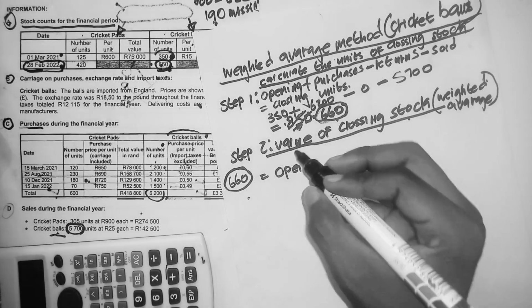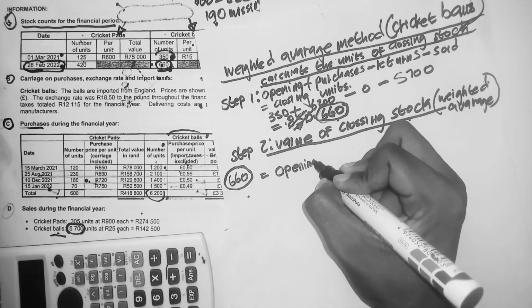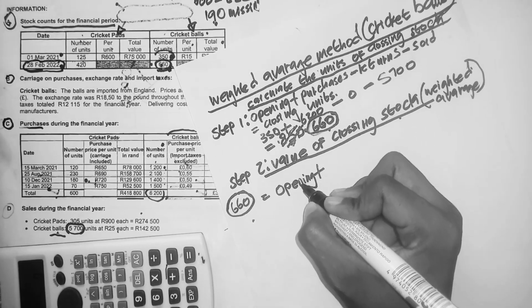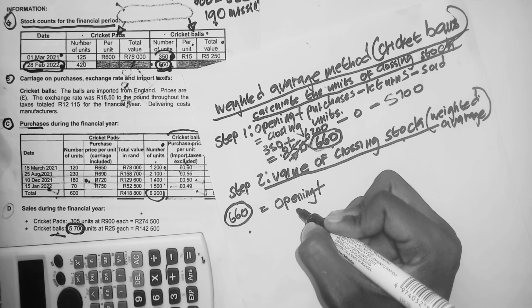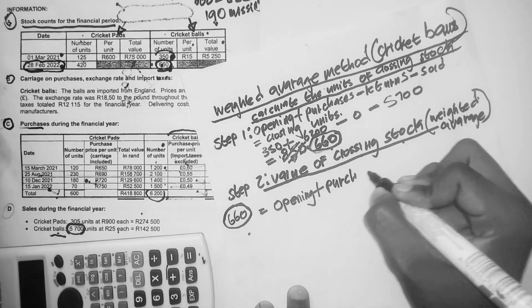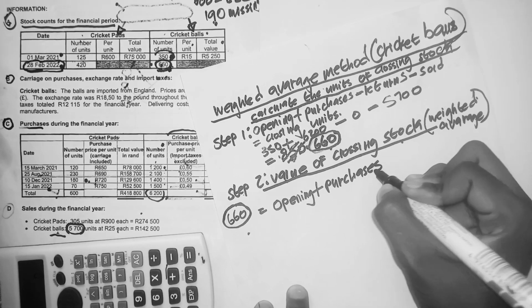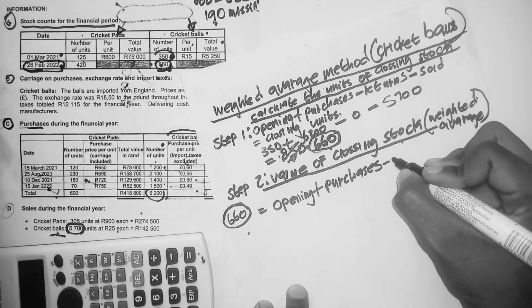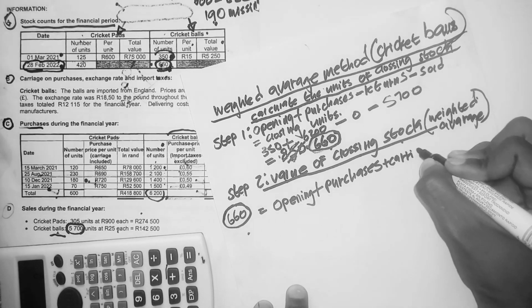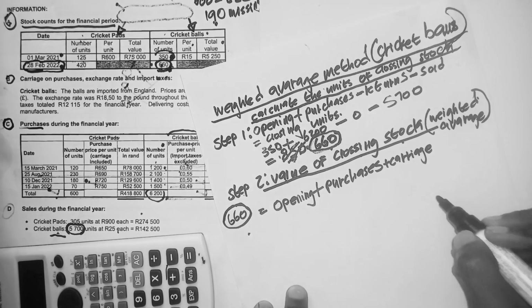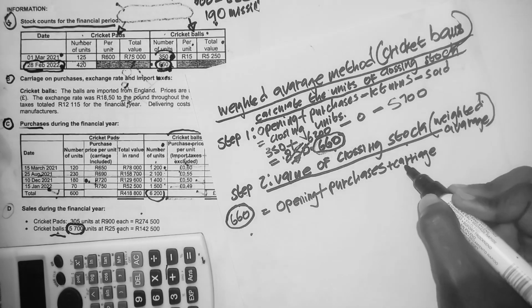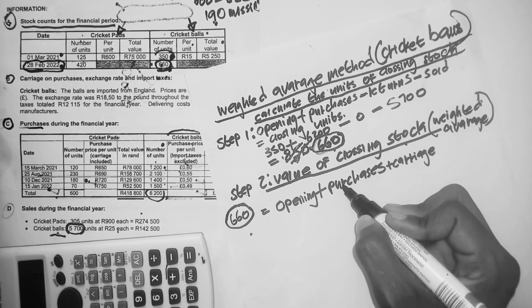We say our opening stock, remember, opening is the stock that we opened with at the beginning of the year, plus purchases, plus carriage if there is carriage. By carriage, I mean the transport fee that they charge us to purchase this stock. Sometimes they include it in purchases.